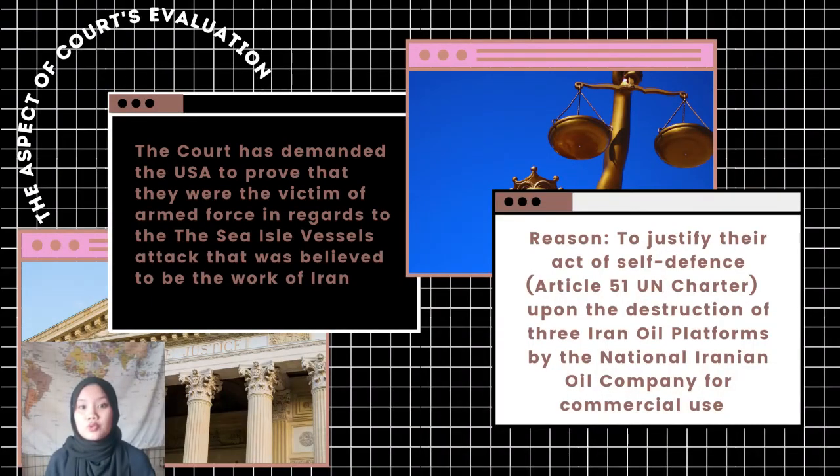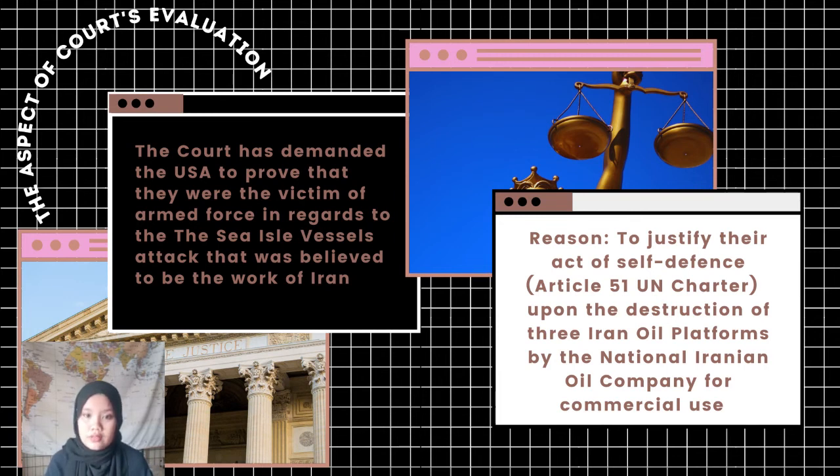When the case was brought to the court, the court demanded that the United States prove that they were the victim of an armed attack in regard to the ILCT vessel incident. This is to ensure that they were exercising self-defense in the bombing of the oil platforms according to Article 51 of the United Nations Charter on the use of armed force.